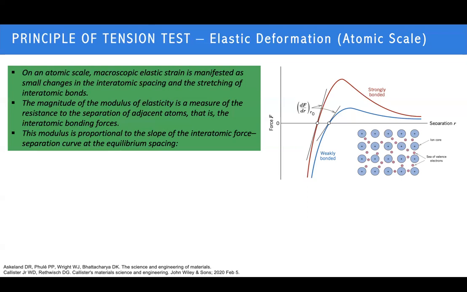The magnitude of this modulus of elasticity, the Young's modulus, is a measure of the resistance to separation of adjacent atoms. So the stronger the bonding, the higher the modulus of elasticity. This modulus can be measured as the slope of the interatomic force-separation curve at the equilibrium spacing. In this graph you can see a weakly bonded material and a strongly bonded material.